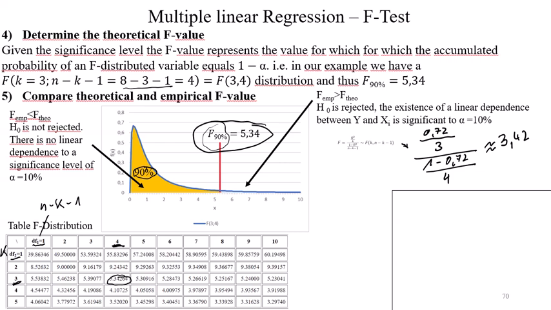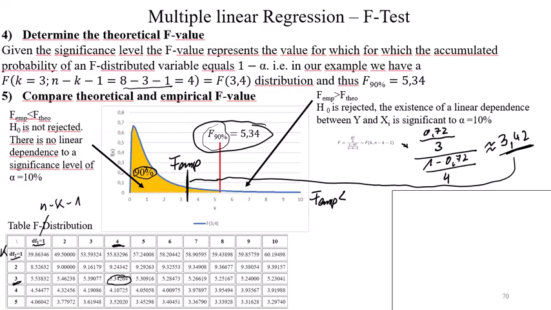Well, and now if we compare this to 3.12, this would be then somewhere here, our empirical value, and so our empirical value is smaller than our theoretical value.